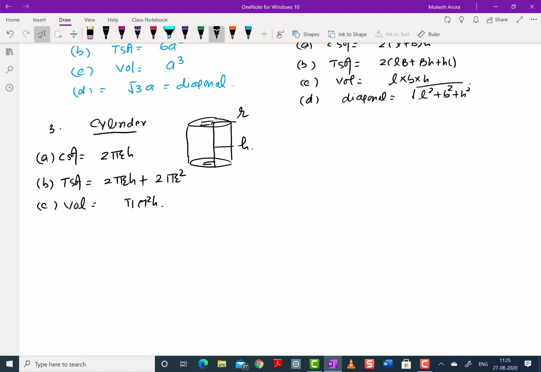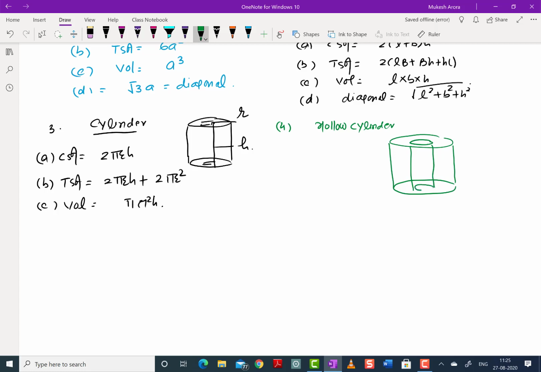Number 4 is hollow cylinder. A hollow cylinder is like a pipe which is empty from inside, and it has two radii. This is small r and this is capital R. R minus r is the thickness and this is the height.